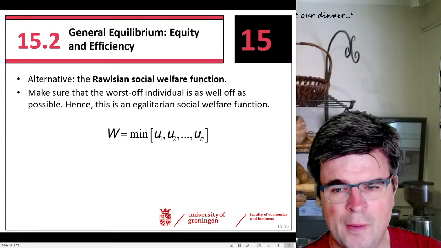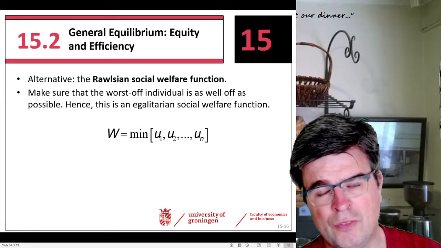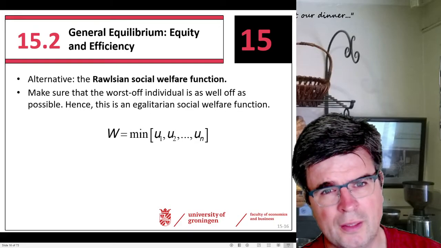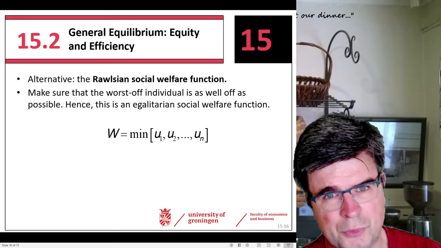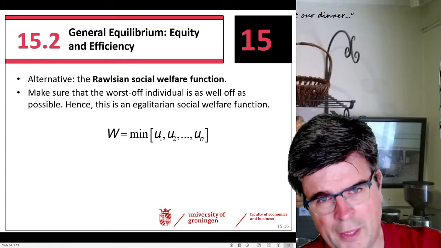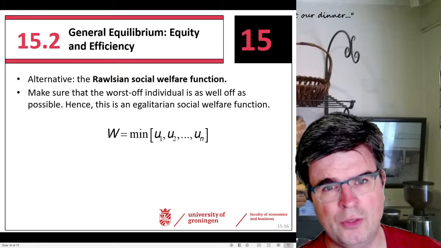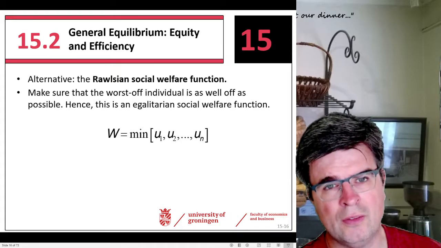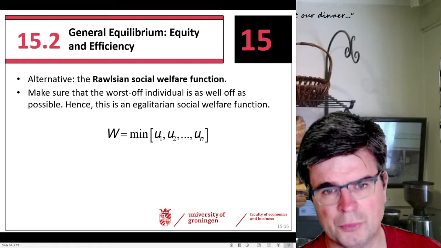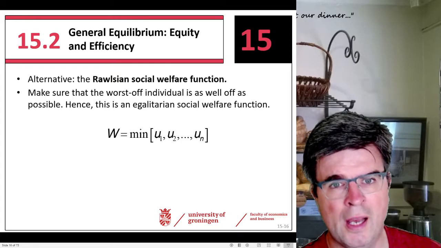W only increases if you make the person with the lowest utility, the person who is worst off, better off. Then you really attained an increase in social welfare. So this social welfare function is very egalitarian.